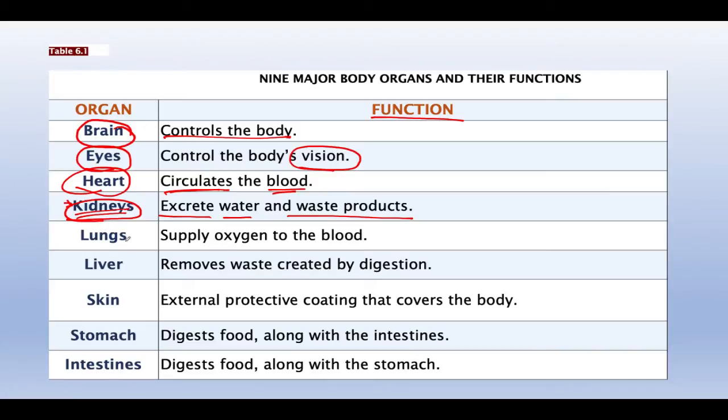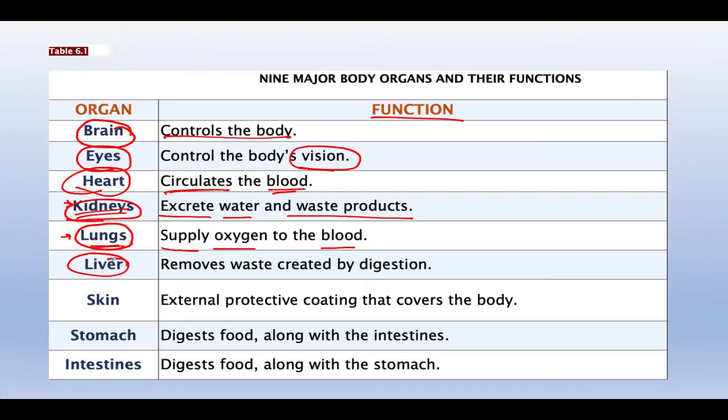Then we have lungs. Lungs are designed by particular types of cells, and those cells make a variety of tissues, and those tissues come into a combination that forms a very specific organ called the lungs. The lungs supply oxygen to the blood.